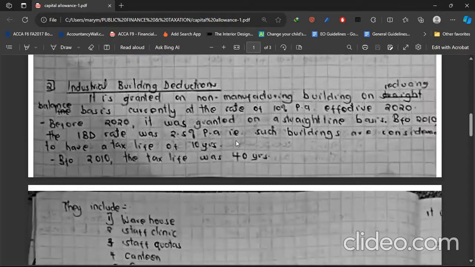It is normally granted to non-manufacturing buildings, while the other one is normally granted to manufacturing. It is on a reducing balance basis, currently at the rate of 10% per annum, effective 2020. Don't even look for the before. That information is mostly applicable under the advanced level.